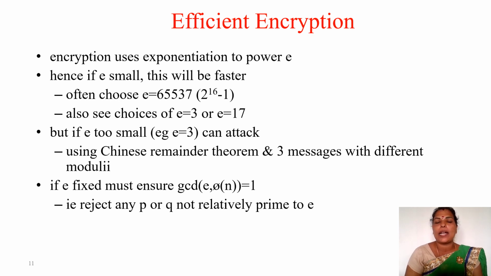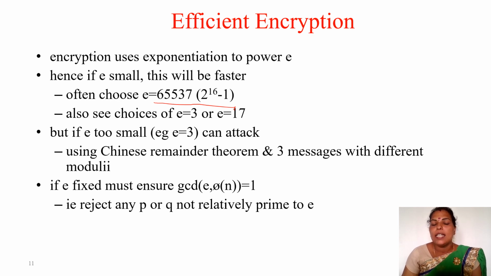Generally, in most applications, E is chosen as 65537, that is 2 power 16 plus 1. You will also often see choices of E equal to 3 or E equal to 17. But if E is too small, for example E equal to 3, then it is vulnerable to attack, mainly using the Chinese remainder theorem with 3 messages under different moduli.